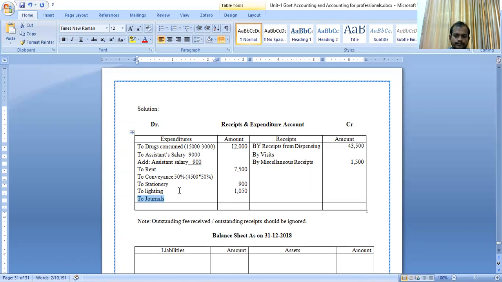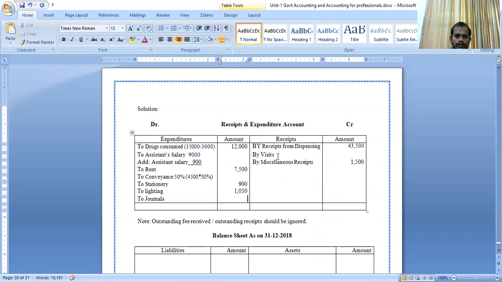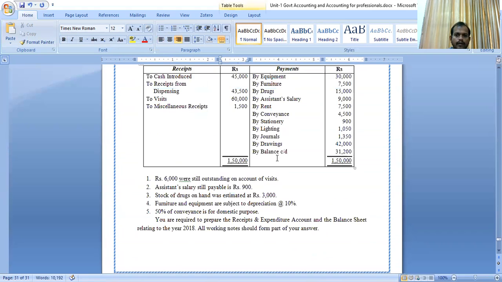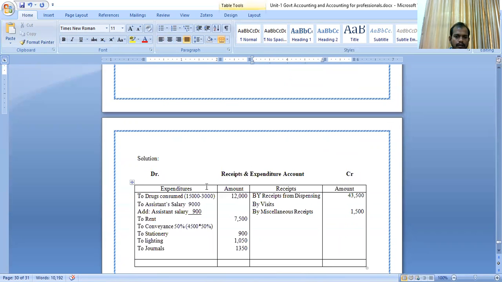Journals 1,350. So drawings, it is related to the balance sheet. So these are the things we have to record in the expenditure and receipts account.